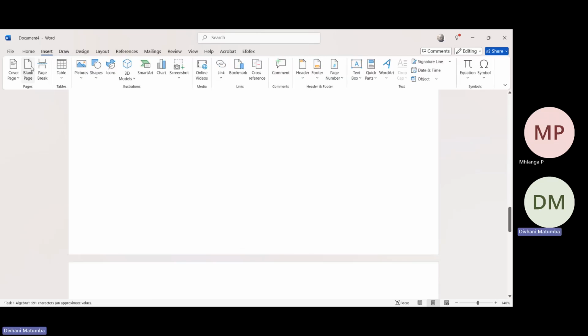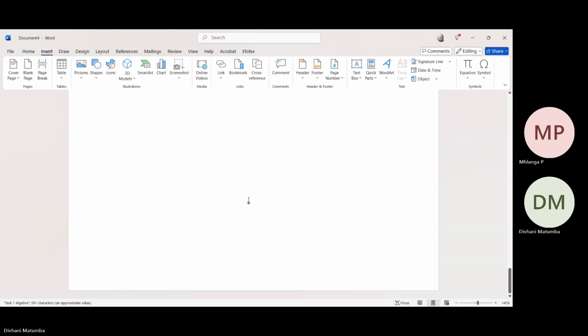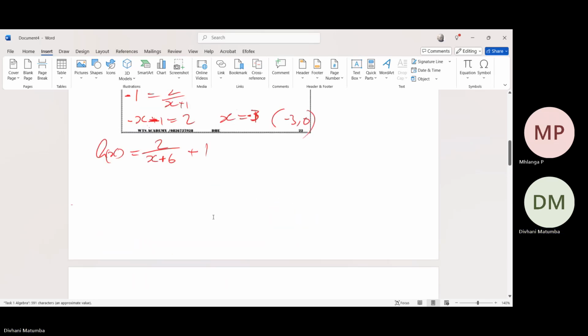So in order for us to equate the two, we'll say x equals 2 over x plus... Wait, which question are we doing now?